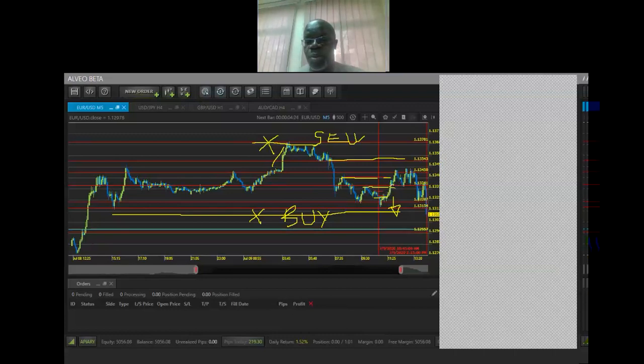I would start selling there, believing that yes, it will come back down. Then as it goes up again, I would enter sales again, believing it will come down. And now this would be an interesting point, this down, up, down, and up, and then down and up.